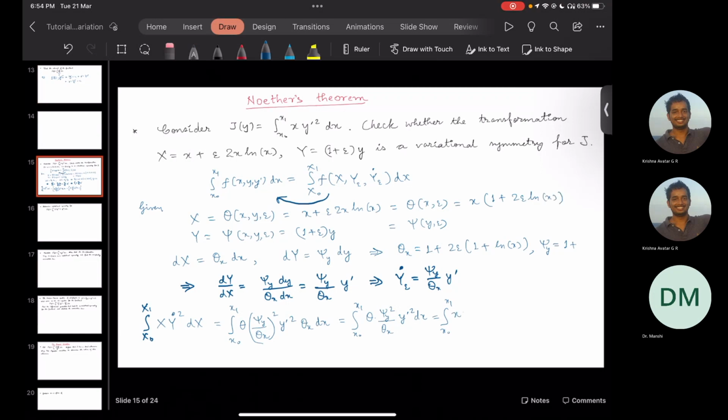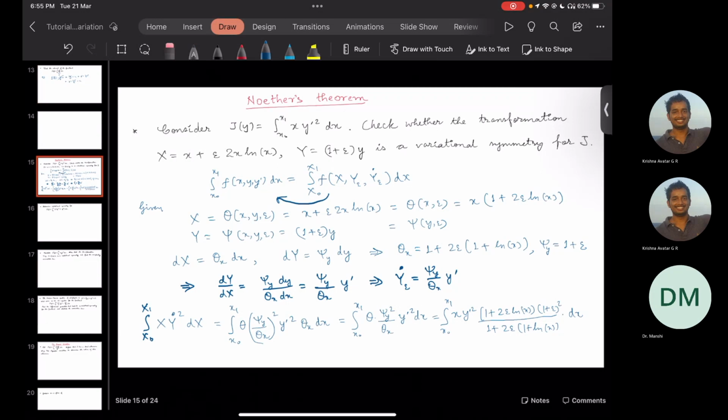So I'll just write x y prime squared times 1 plus 2 epsilon ln of x, and psi y is 1 plus epsilon, right? So this is 1 plus epsilon whole squared divided by theta x, which is given as 1 plus 2 epsilon times 1 plus natural log of x, and then dx.